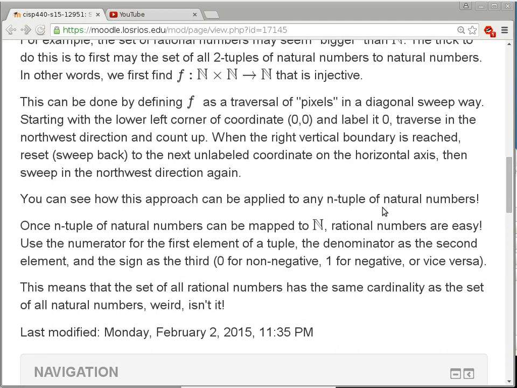And the answer is yes, because we can use this little way to traverse a 2D space in a particular way, so that every single pixel in this particular 2D space can map to a natural number in a bijective way.